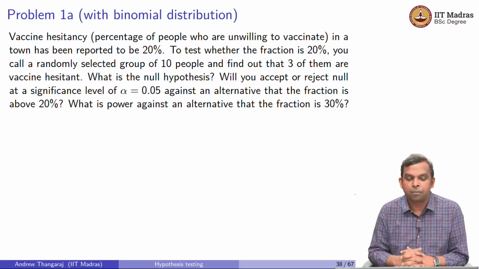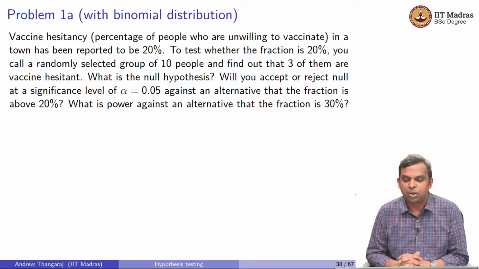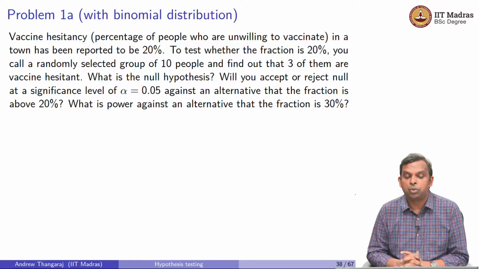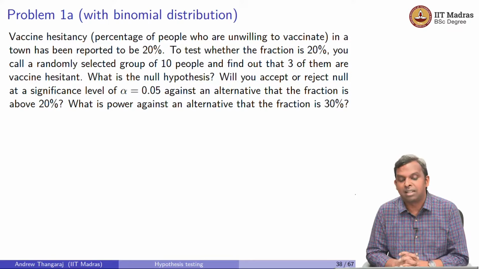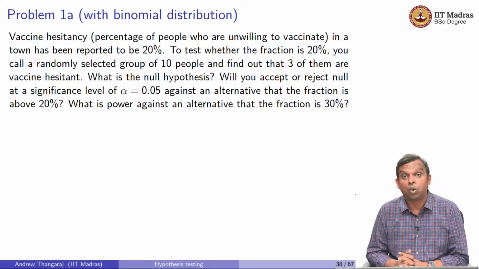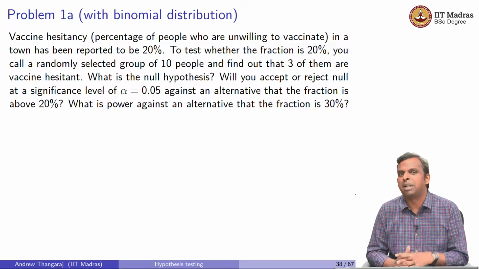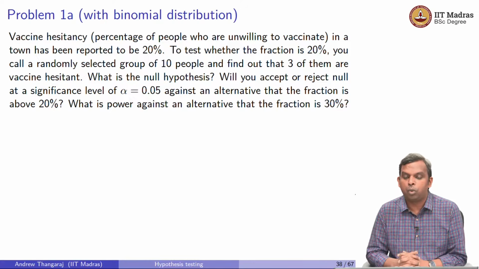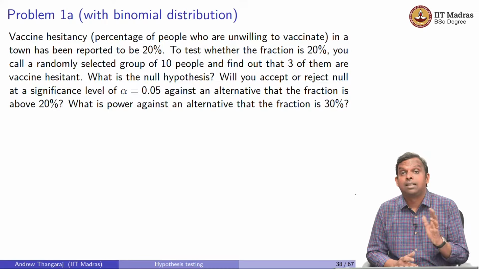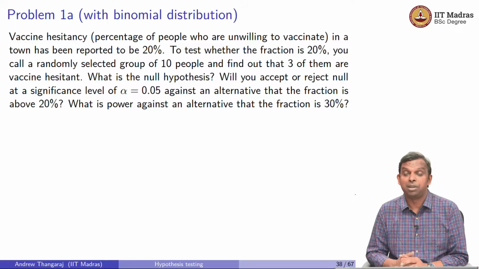Here is a binomial distribution question. The numbers are so small, you have to use binomial. Somebody reports that vaccine hesitancy, people who don't want to take some vaccine, is 20%, and you think it's maybe greater than 20. What you decide to do is to call some 10 people randomly, maybe representative of the distribution in the place.